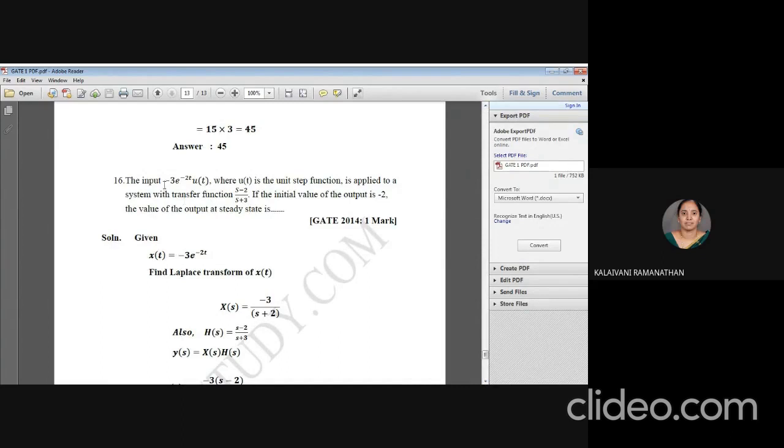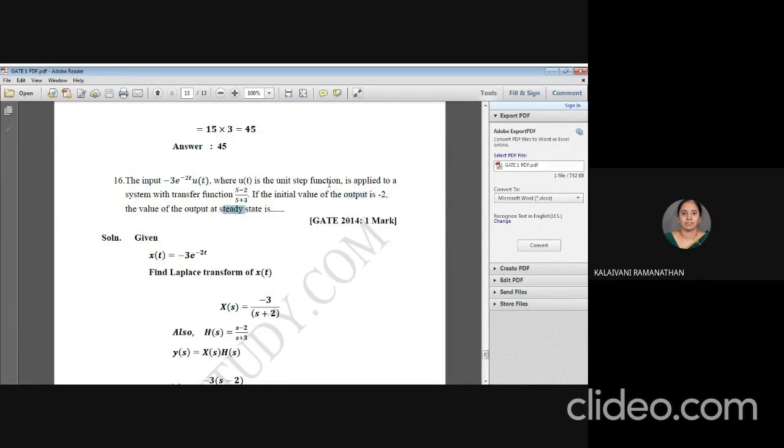So in the question, you are provided with the input, and then you are noted with the transfer function. So when the input and the transfer function are given, you will be able to note down the output by using the relationship between your input, impulse response, and then the output. And then by applying Laplace transform, you will be able to find out the steady state output.